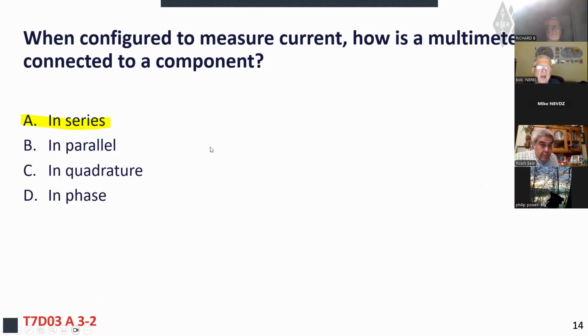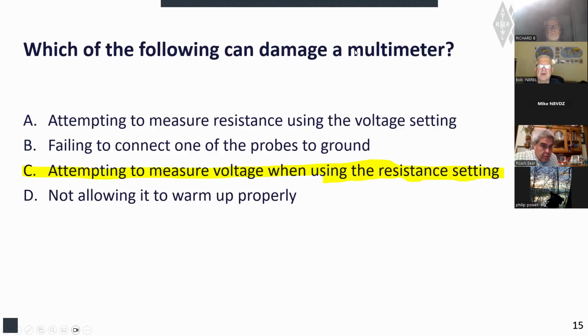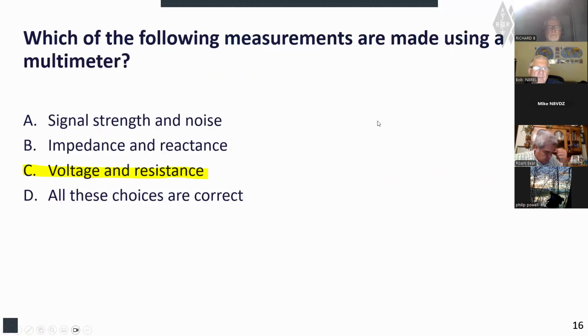Which of the following can damage a multimeter? Attempting to measure a voltage using the resistance setting. If you want to measure voltage, you don't want to set it to measure ohms. Now, which of the following measurements are made using a multimeter?